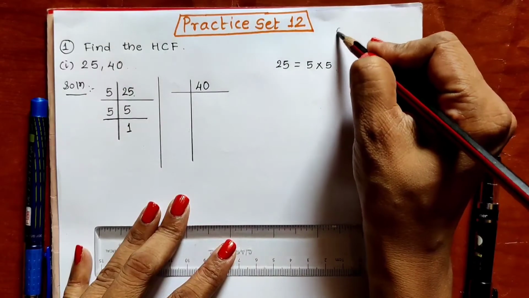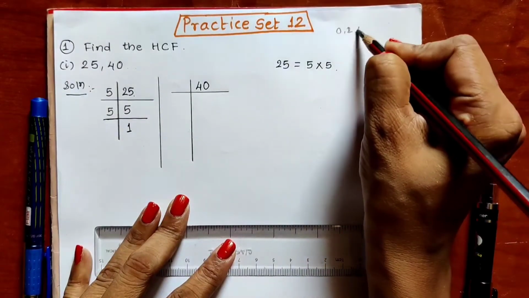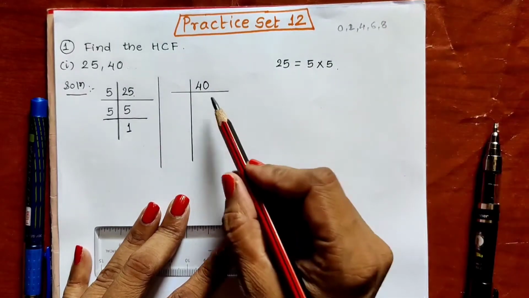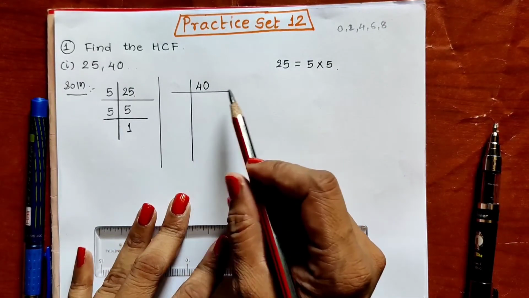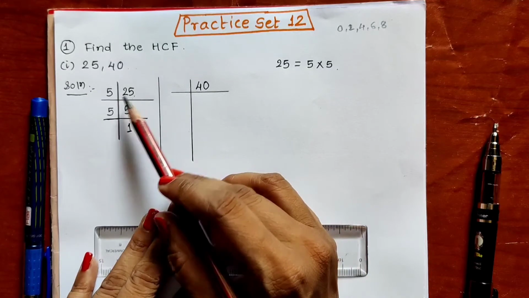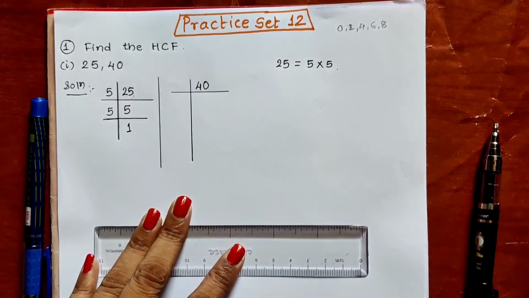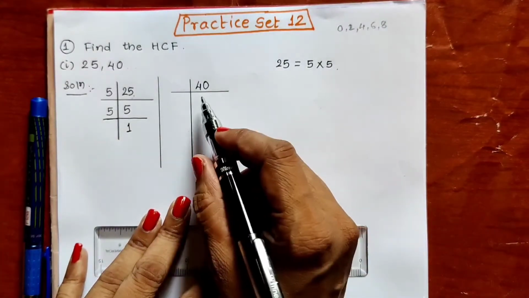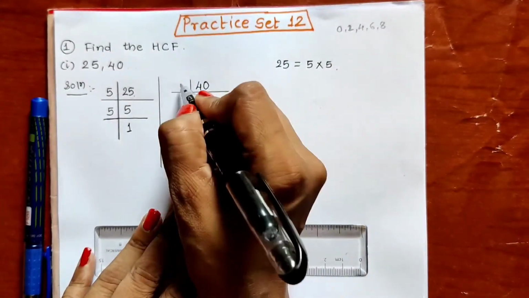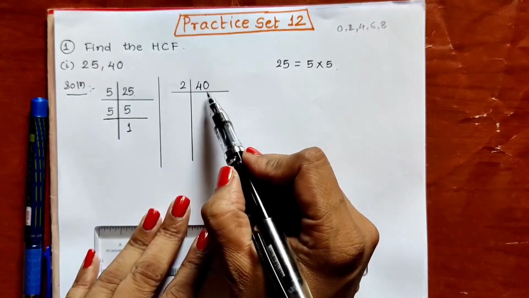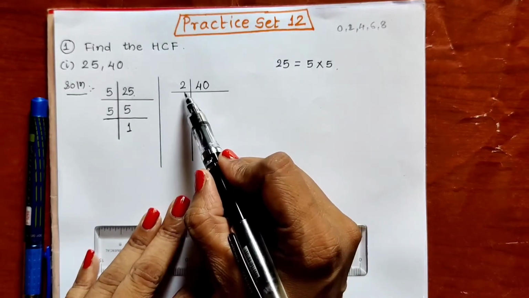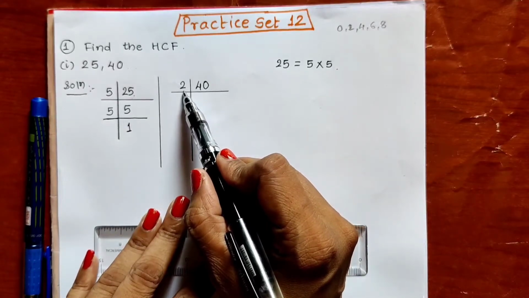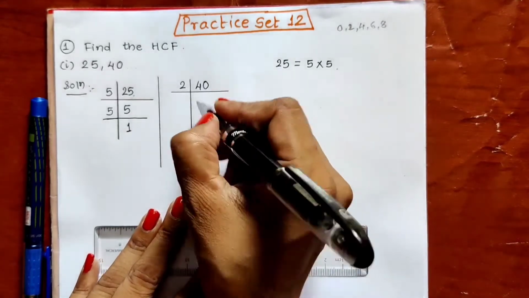Children, we all know when 0, 2, 4, 6 and 8 is there in the unit place, the number is divisible by 2. And if 5 is there in the unit place, the number is divisible by 5. We have done this in our previous practice set. So let us divide it by 2 first. This number is divisible by 5 also, but we should start from the smaller factor. So 2 is the smaller factor, so we have to start from 2.